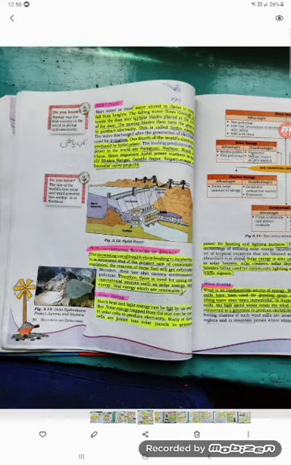Uranium and thorium undergo fission and produce heat to generate electricity. The greatest producers of nuclear energy are USA and Europe. In India, the nuclear power stations are Tarapur in Maharashtra and Kalpakkam in Tamil Nadu. And then there is geothermal energy.